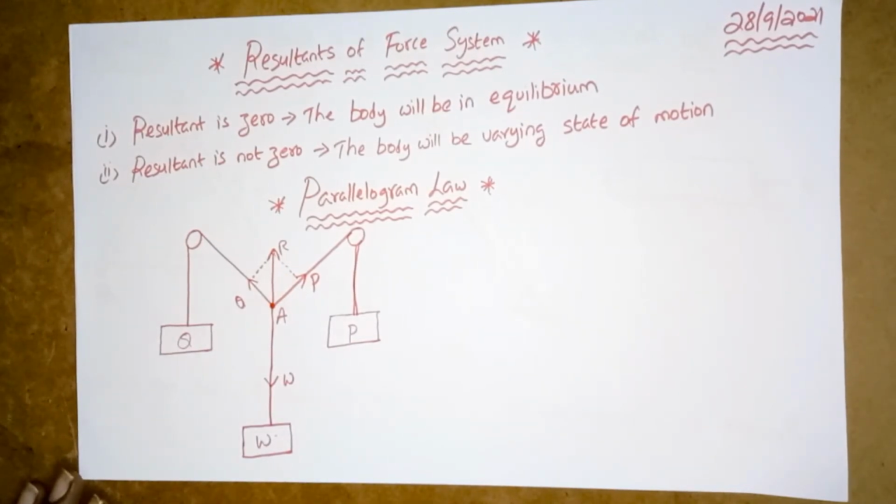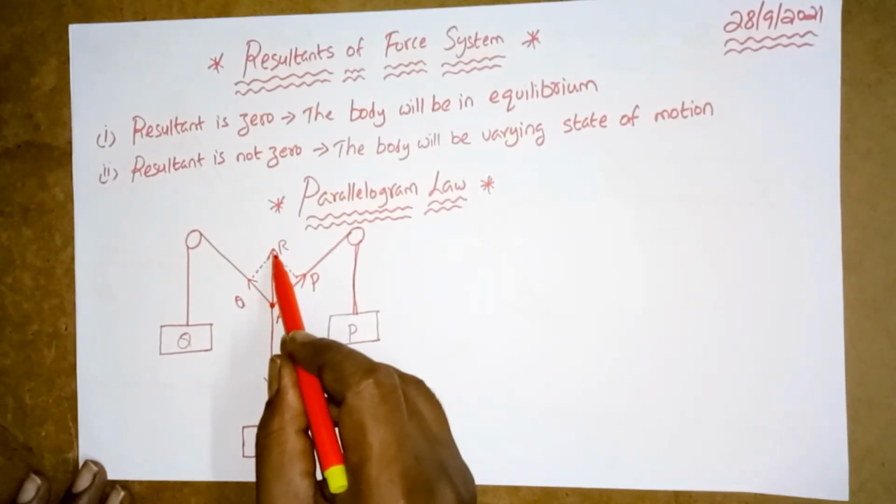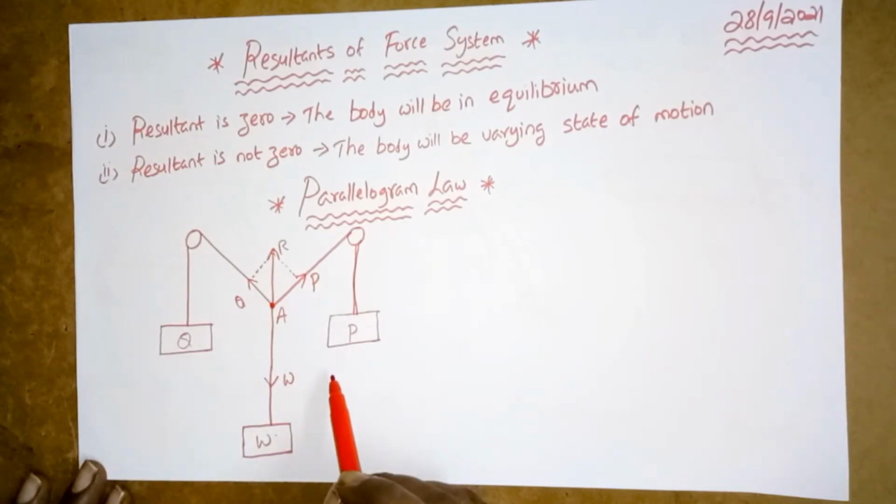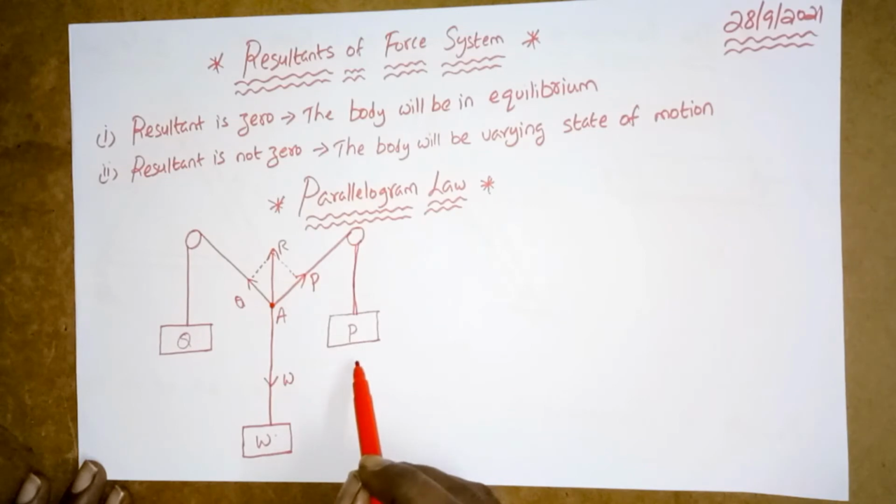Since we can show that two equal and opposite collinear forces are in equilibrium, we conclude that weight W will be perfectly supported by the force R, right? Both are equal and opposite collinear forces in equilibrium.